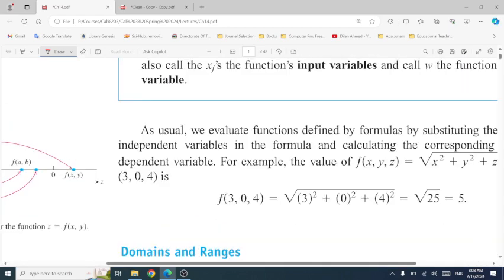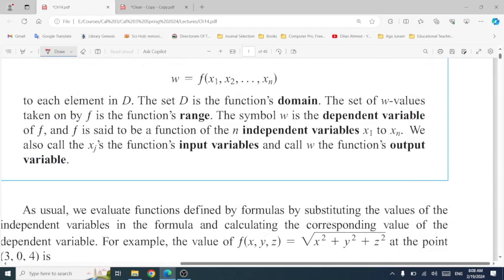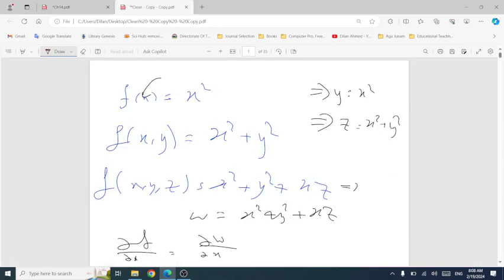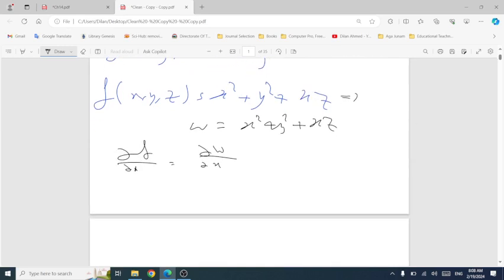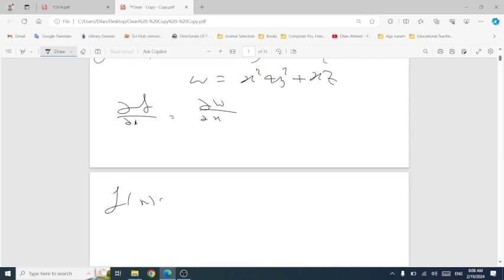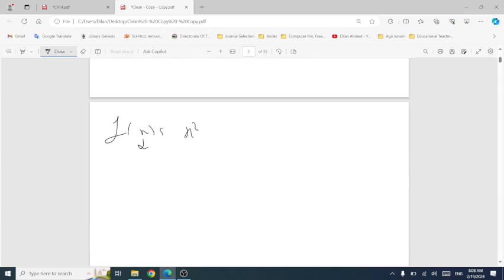Now, we are going to talk about simple things. For example, if your function is x squared, y squared, z squared, we start with the terms: x is called the independent variable, y is called the dependent variable. In calculus 1, when you have f of x equal to x squared, when we say domain, we mean what we can input into the function.